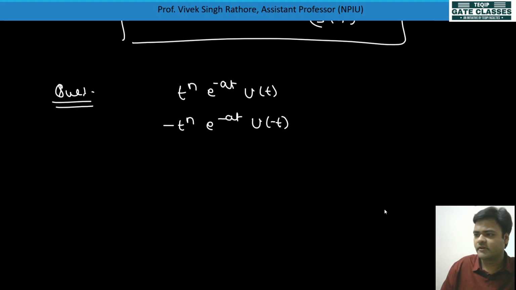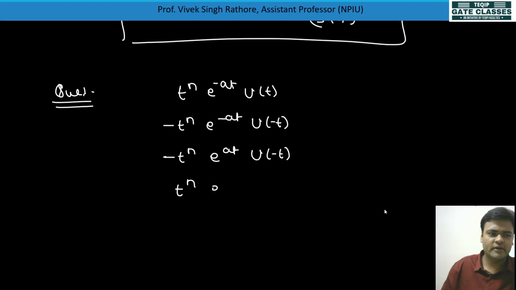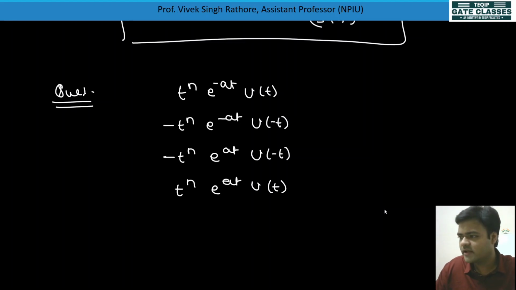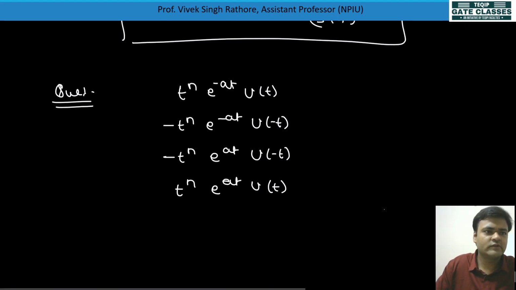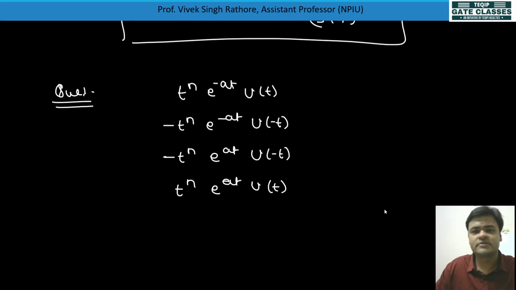Minus t to the power n, e to the power at u of minus t. And t to the power n, e to the power at u of t. These four options are there. Now you need to check which of the impulse responses is stable. So we'll check here.